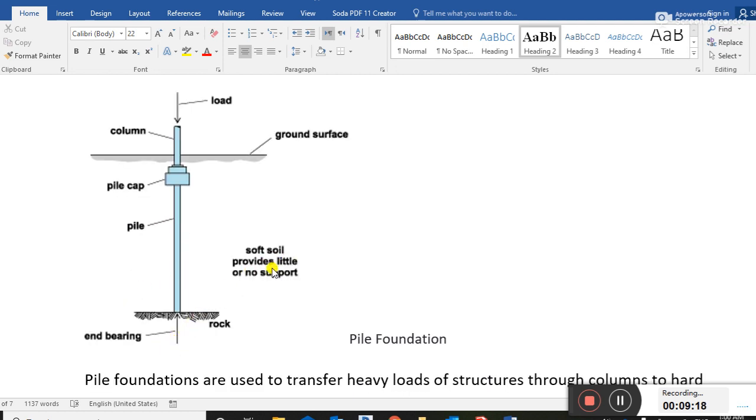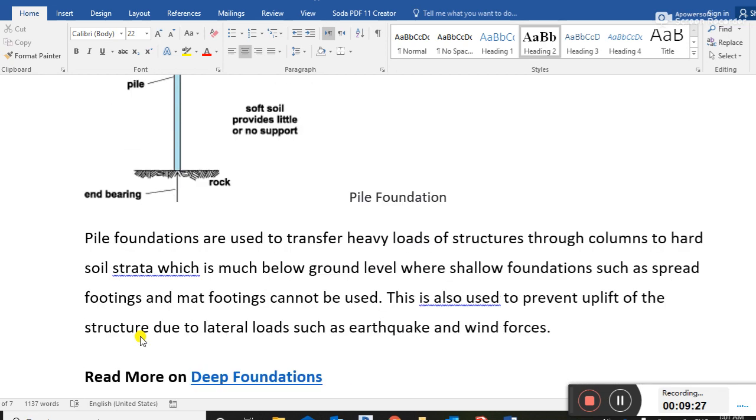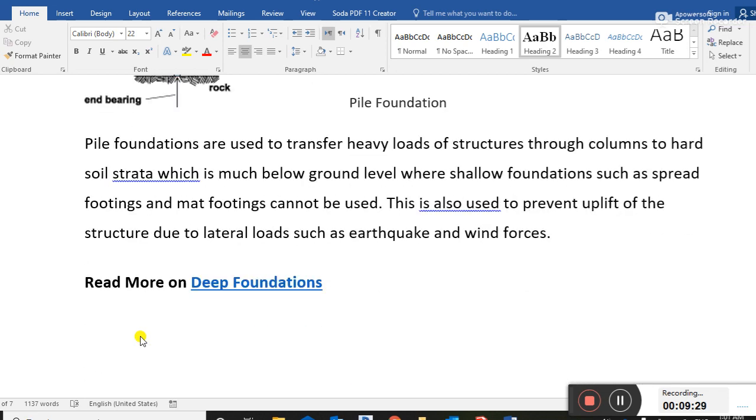Soft soil provides little or no support, right? This is the rock, this is end bearing. Pile foundations are used to transfer heavy loads of a structure through the columns to hard soil strata much below the ground level, where shallow foundations such as spread footings and mat footings cannot be used.